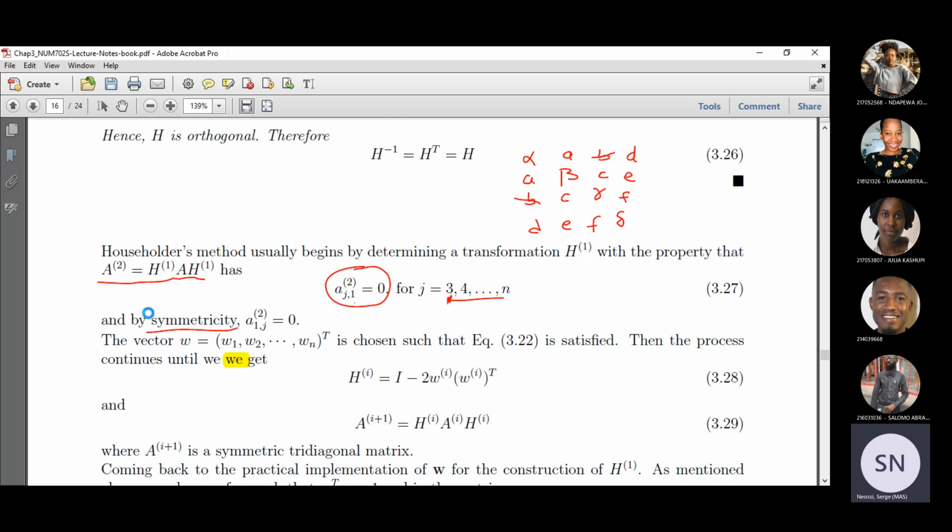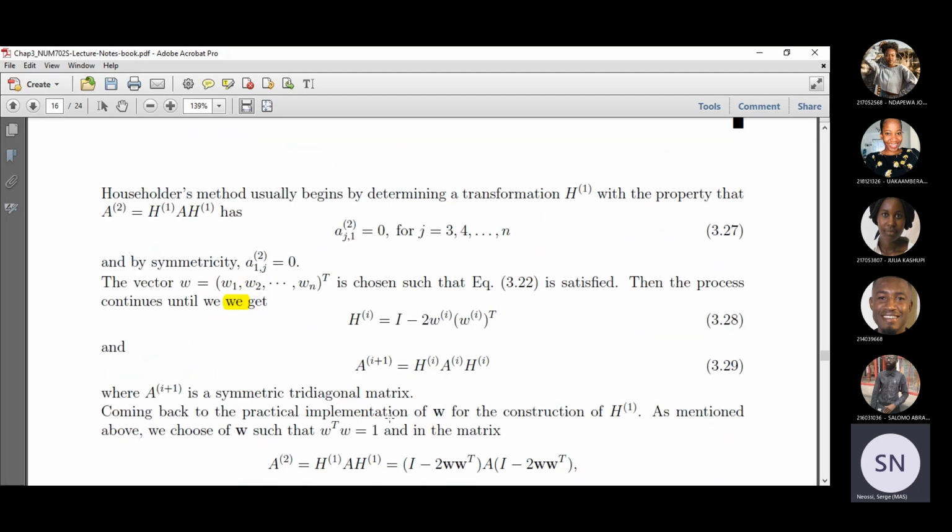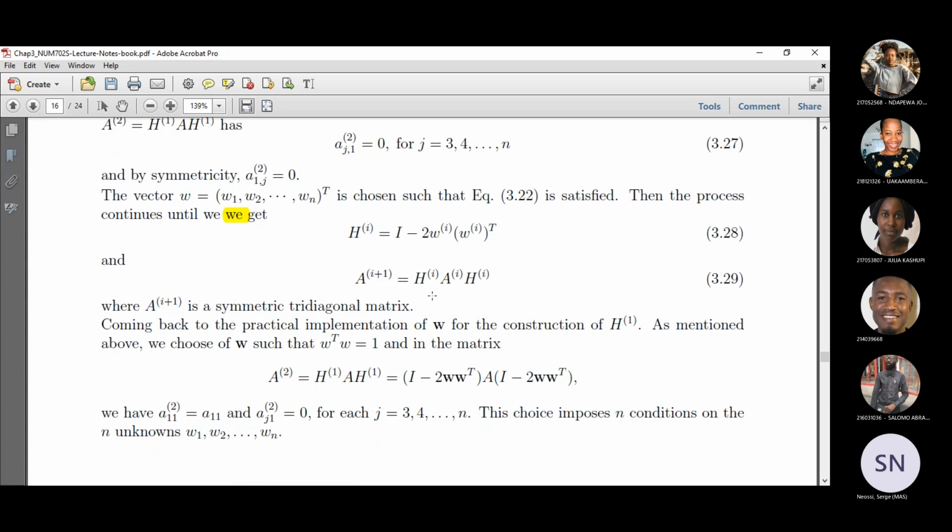You will see that if you multiply a matrix to the left or to the right, you have a different effect. But if you multiply on both left and right, it performs a simultaneous effect on the matrix, exactly the way we have just observed. So that's roughly the explanation given here. Now you repeat the process many times until we obtain a tridiagonal matrix. This is the final one. You proceed until you obtain a tridiagonal matrix.